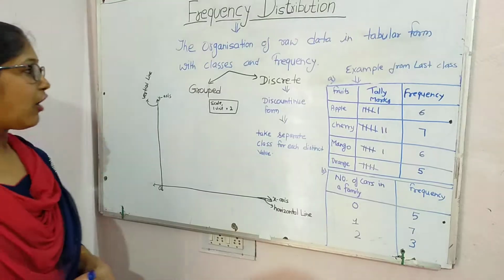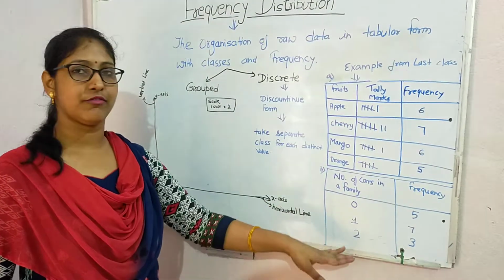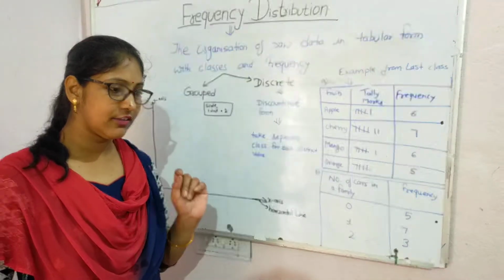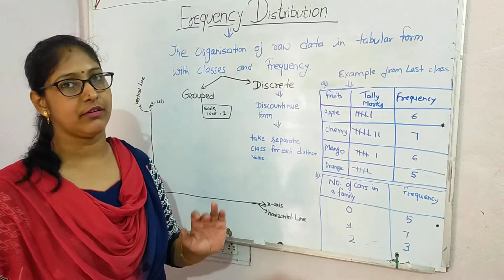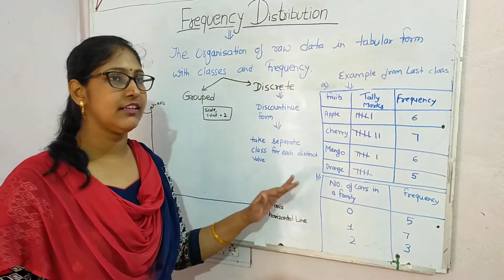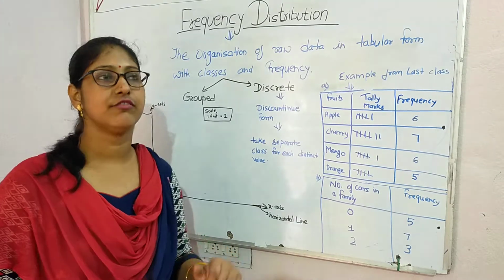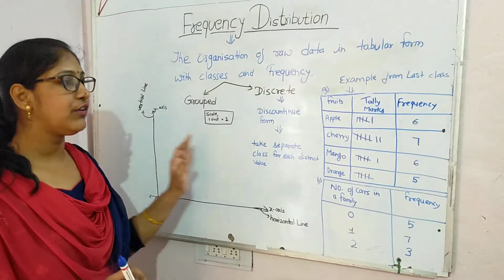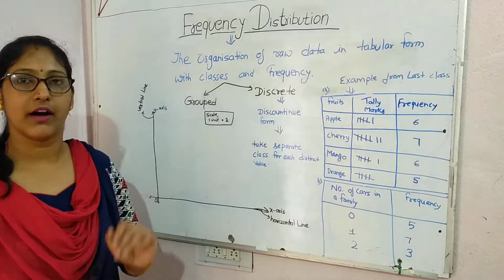Now we learn how we represent these types of tables graphically. First thing you have to do is take a graph paper to draw graphs. We can represent it either in the form of a pictograph or a bar graph. We are learning here how to represent them in the form of a bar graph.